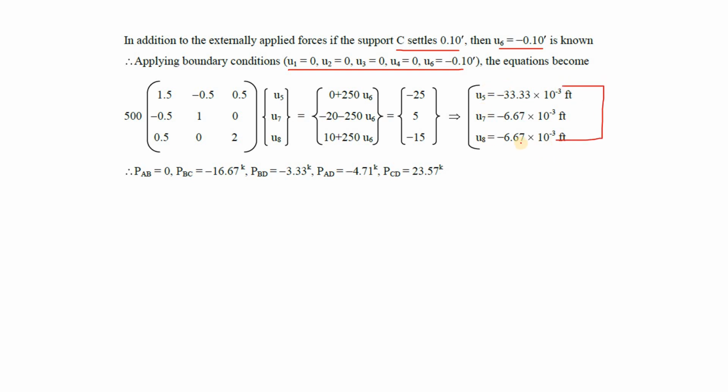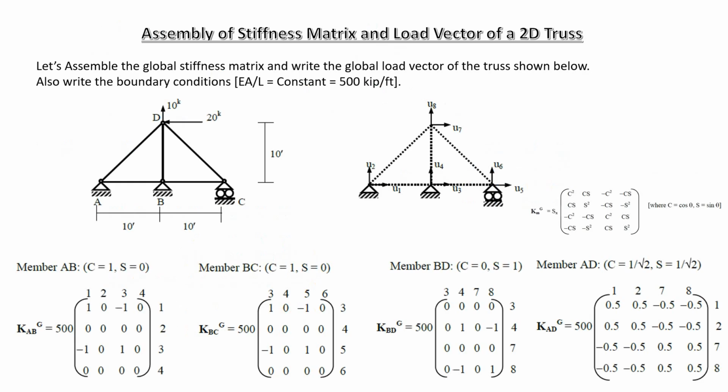Then we can use the displacements to calculate the support reactions, and we can also use these displacements to calculate the member forces. Okay, so using the direct stiffness method, we can do very much of the truss analysis we could have done using the joint method or using the section method.